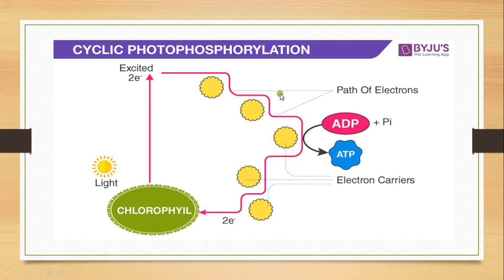This whole arrow is the path of the electron, and these molecules are the electron carriers, meaning they carry electrons. The excited electron comes to one carrier, then passes to the next, continuously, and returns back to the chlorophyll. During this process, ATP is generated by the addition of inorganic phosphate to ADP.